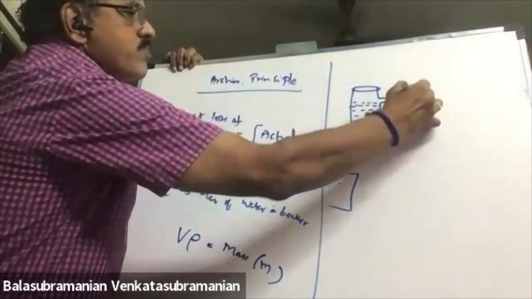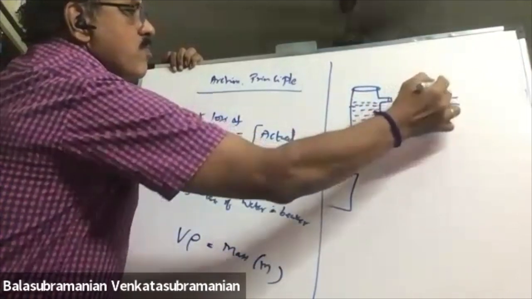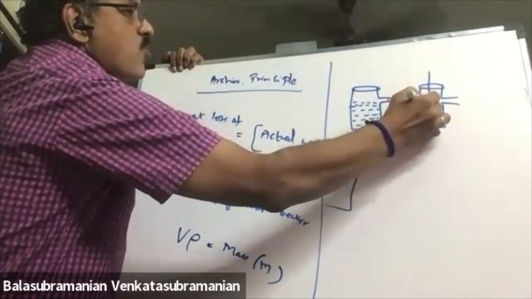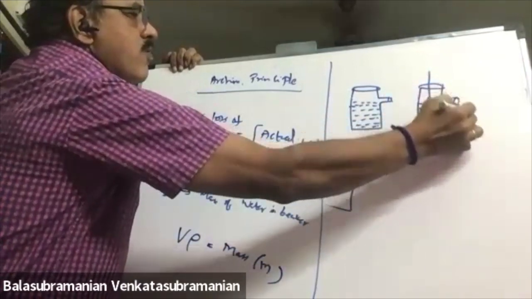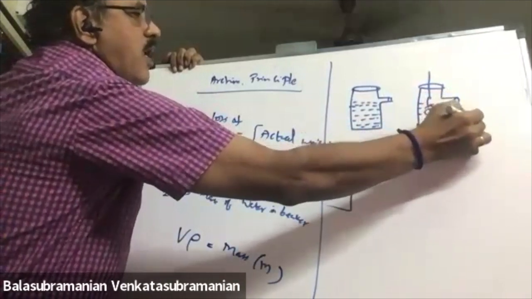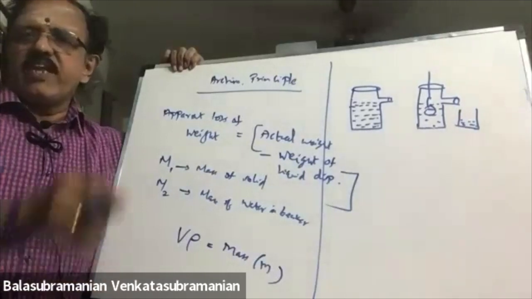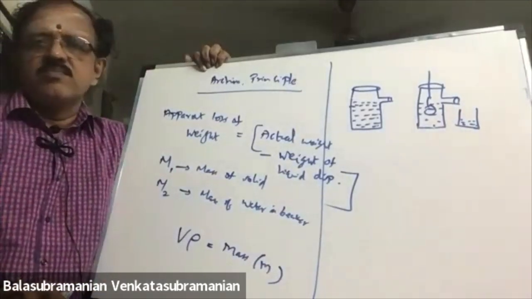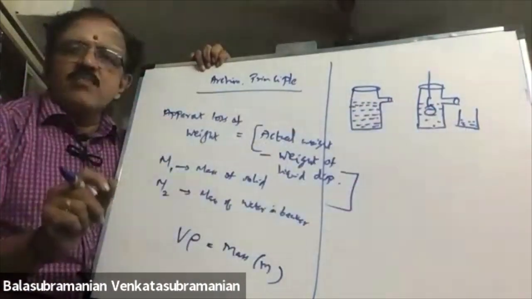Now, you immerse one stone inside, and how much amount of water is coming out? When you immerse a stone, how much water comes out, you calculate. Find the mass of this water using physical balance.